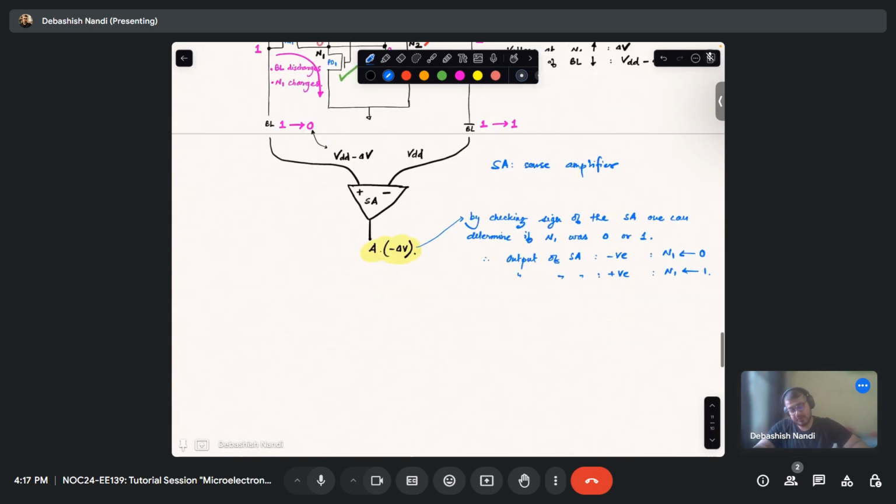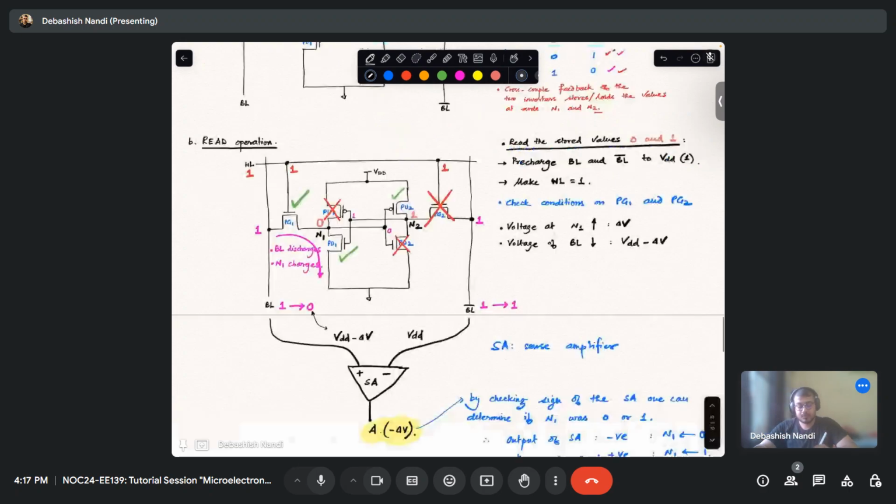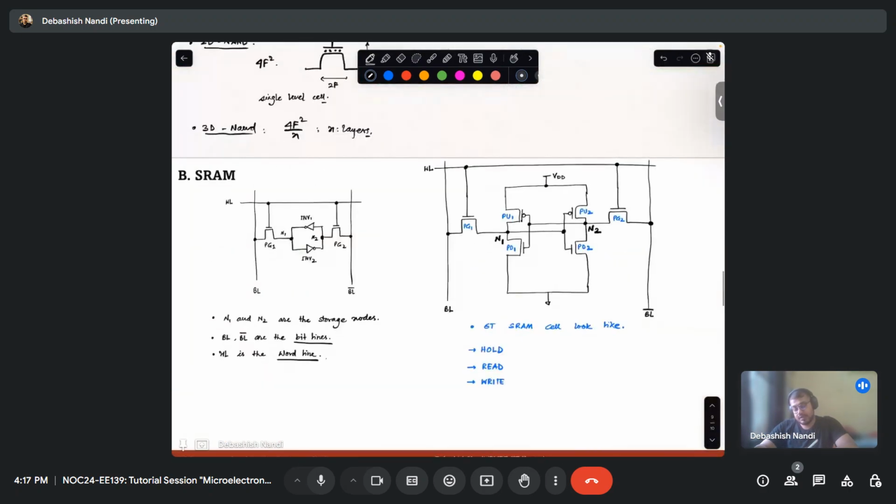Now if we are going to look into write operation. Okay, so let me just copy the cell.